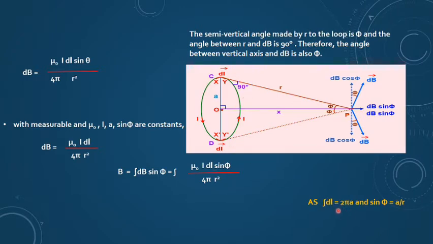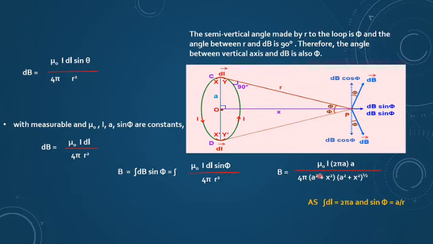So mu naught, I, and of course r are constants, and sin phi also is a constant, being dependent upon a and r. So you can write all these values and get the result.